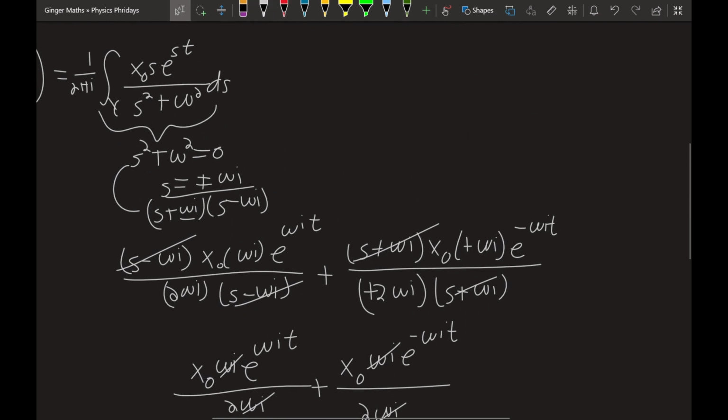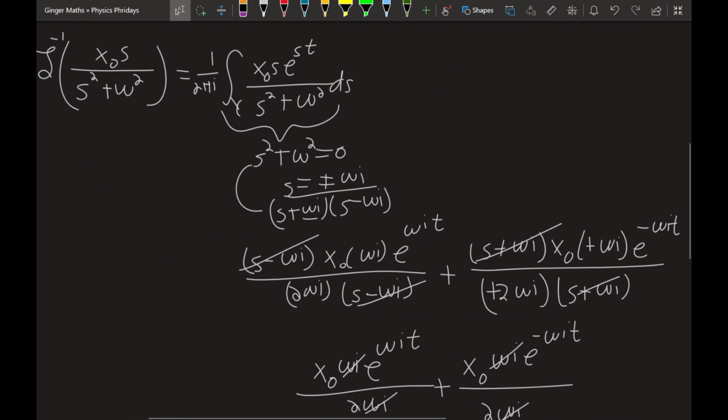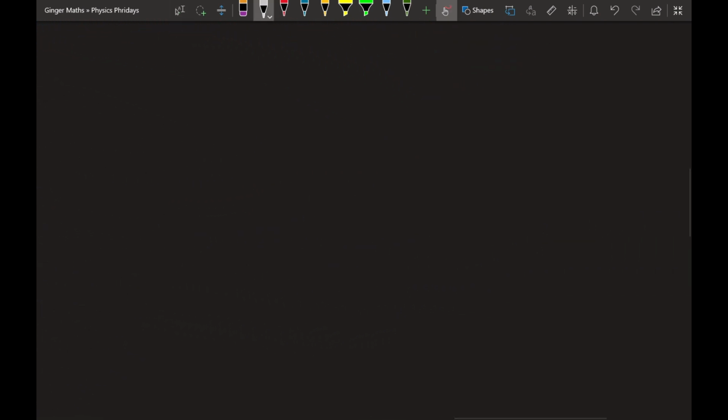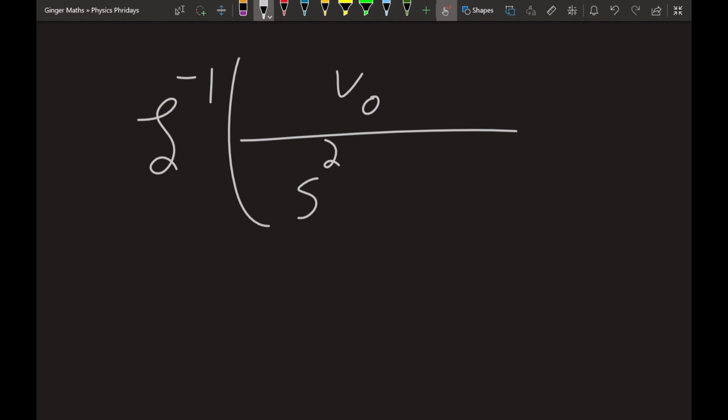Let's go do the other bit, which should be a bit simpler actually. So going off to the side here, what we're going to have is our inverse Laplace transform of v naught over s squared plus, or no, not e, pardon me, omega squared.